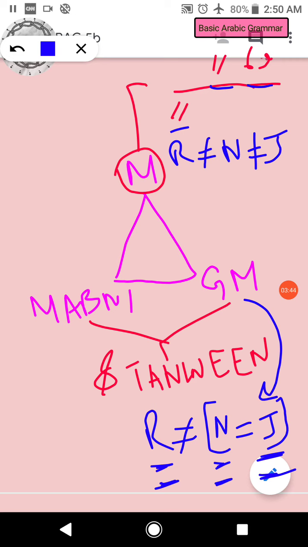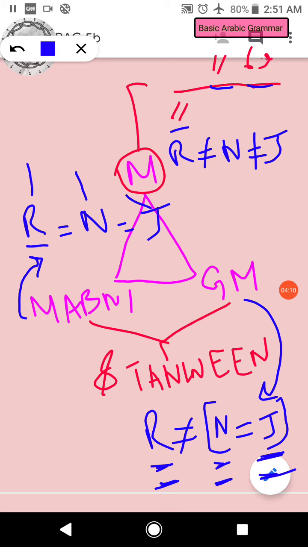Then finally we have Mabni Asma. And over here, what's the deal? Well, the Rafa form is similar to the Nasab form, which is in turn similar to the Jar form. So we have, for example, the word Zalika, again Zalika, Zalika, or for example Husna, which is a Rafa form, then again Husna, and again Husna.